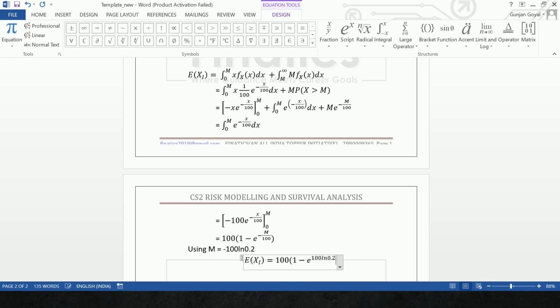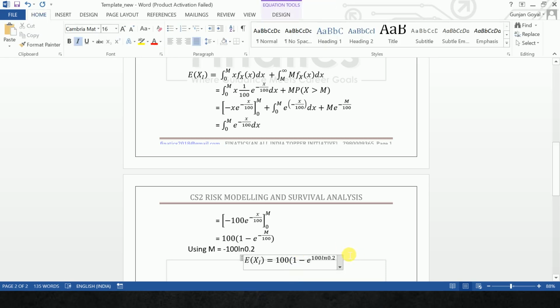Let's go in the numerator. Okay, and then close bracket. If you solve this in the calculator, the answer comes to 80.